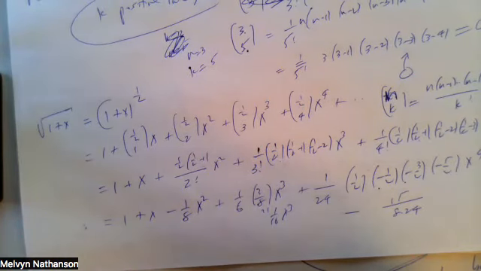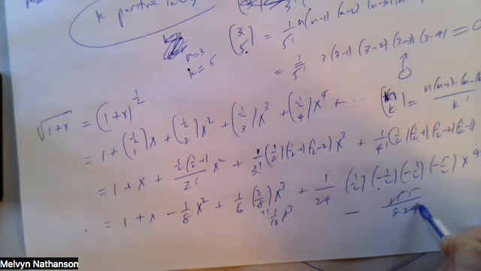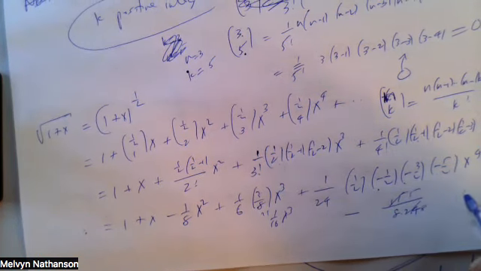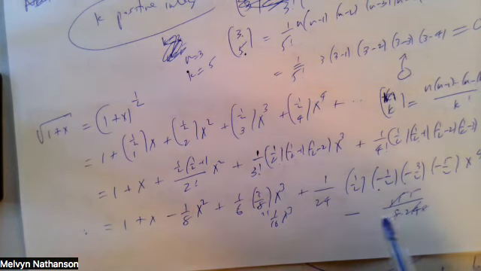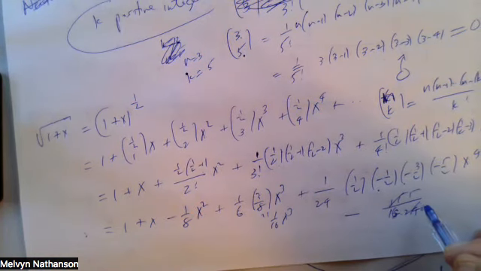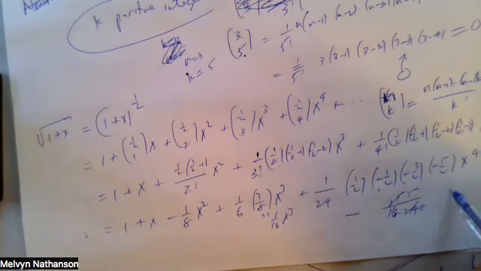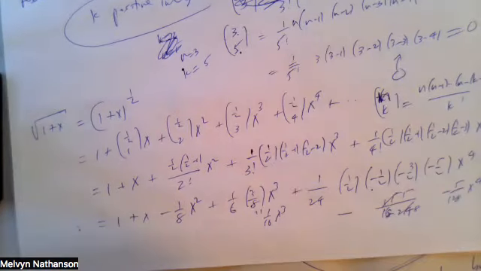Whatever that turns out to be. Let's see. 3 into 15 is 5, and 3 into 24 is 8. Oh, 2, 2, 2, 2, this is 16. So this is really minus 5 over 128 x to the fourth.